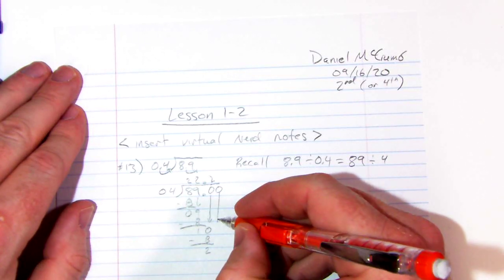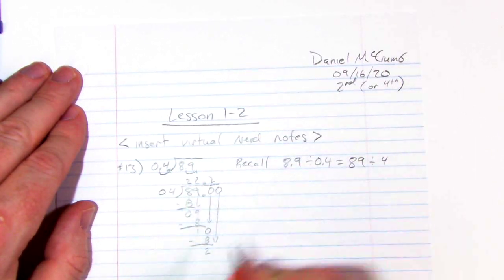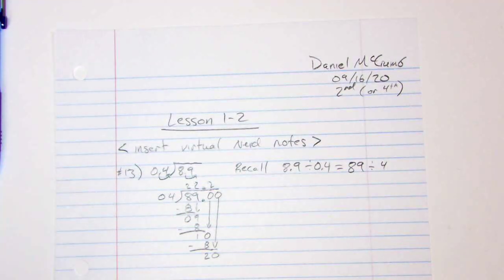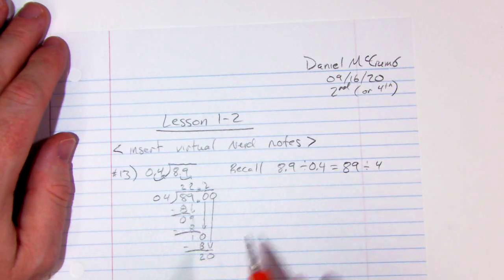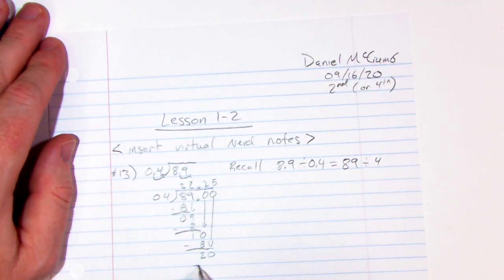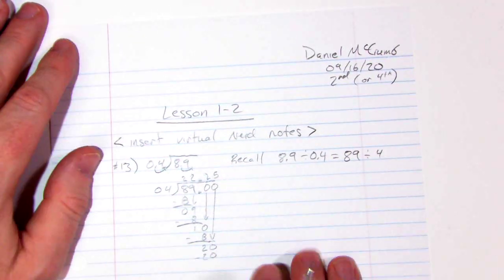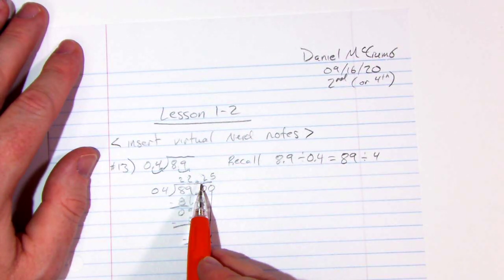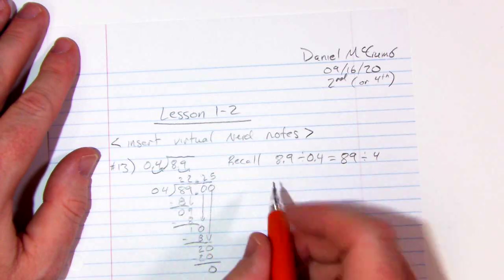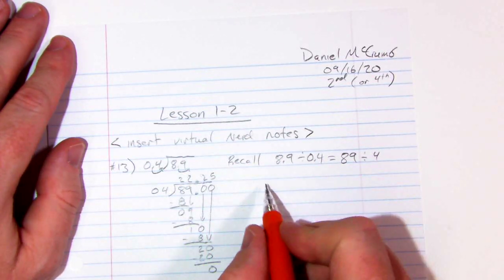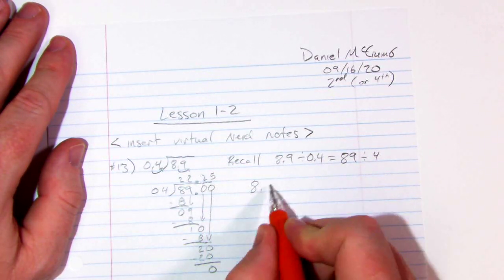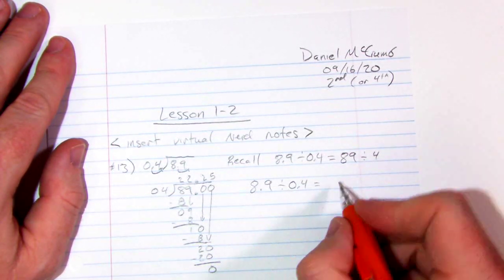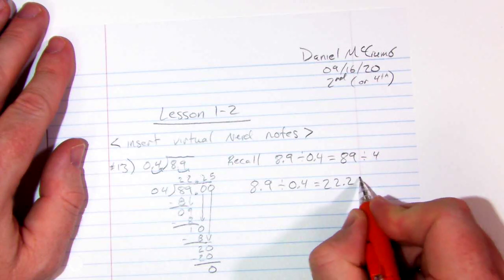Drop that down. And we have 20. That's a good sign. We know that 4 times 5 is 20. 20 minus 20 is 0. So we can say that 8.9 divided by 0.4 is equal to 22.25.